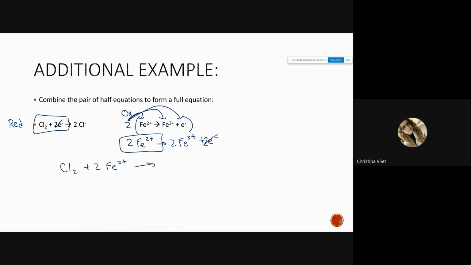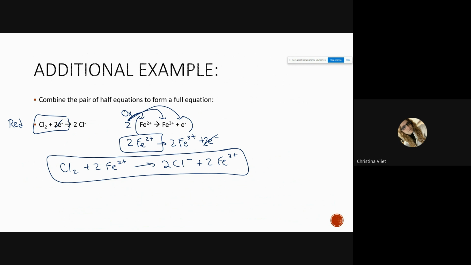And for the product side, you get 2Cl- plus 2Fe3+. And that is the product side. And so that's what we do when we need to combine half redox reactions together. Balance the electrons, then bring everything else together.